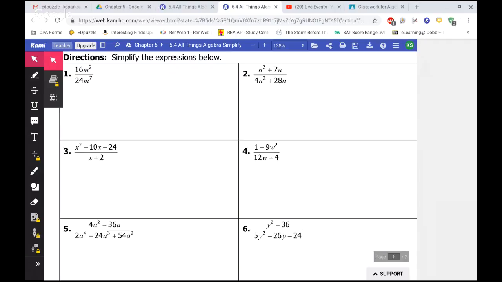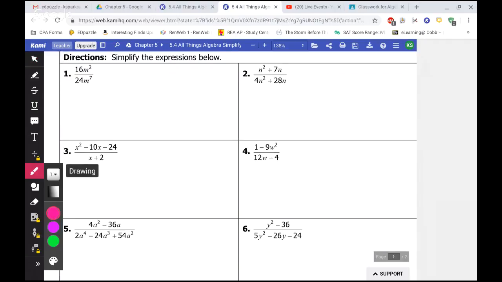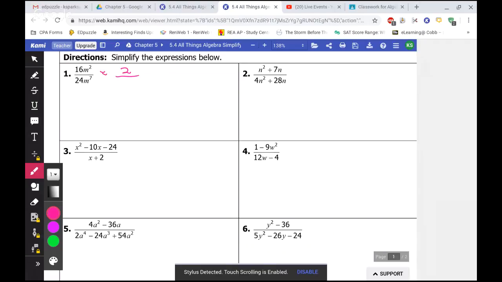So 8 goes into 16 2 times, and 8 goes into 24 3 times. Using the exponent rules, you would subtract the exponent 2 from 7. That's going to give you a -5, so that means you would have m to the 5th. And because it's negative, it'll be in the denominator using our good old exponent rules.